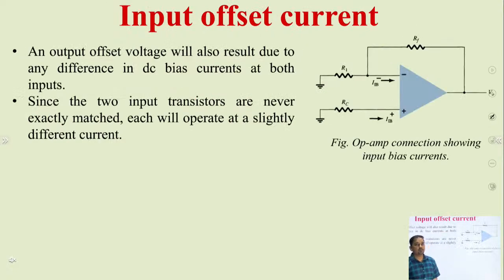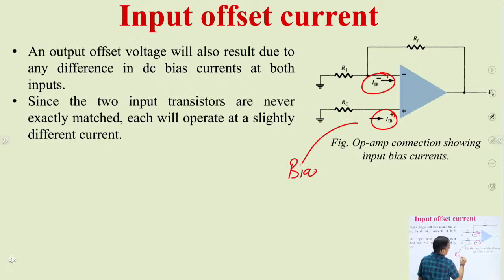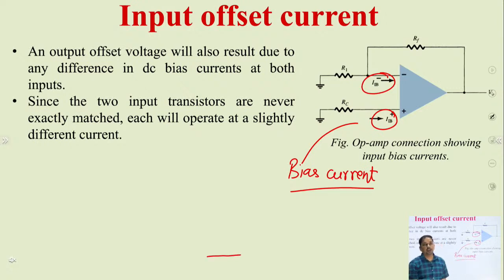Next we will see the impact of the input offset current. In this figure we can see IIB negative and IIB positive; these are called the bias currents of the operational amplifier. The negative signifies the current entering the inverting input, whereas the positive corresponds to the non-inverting input.